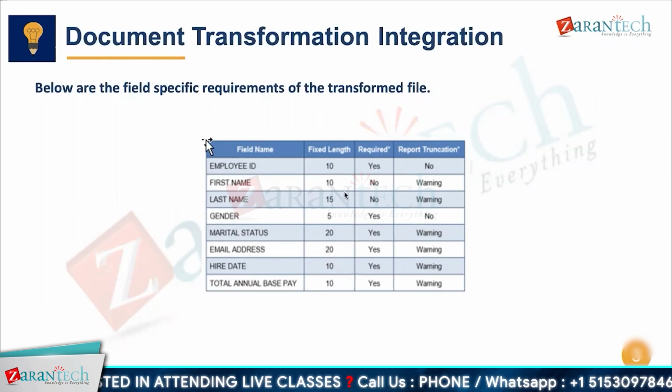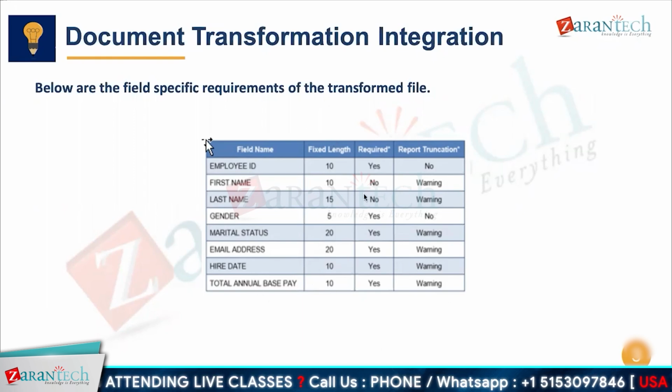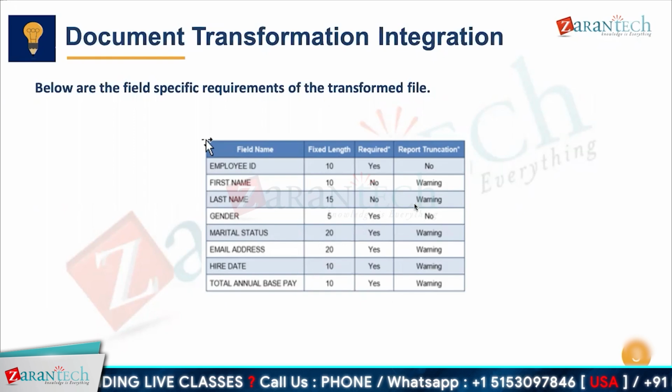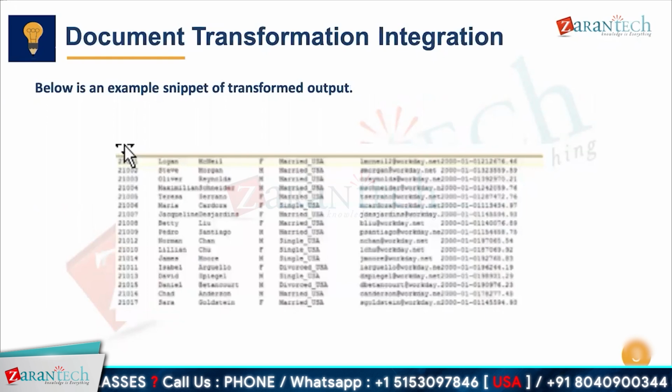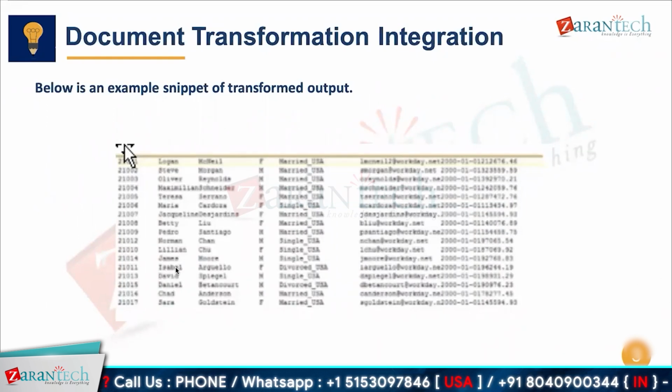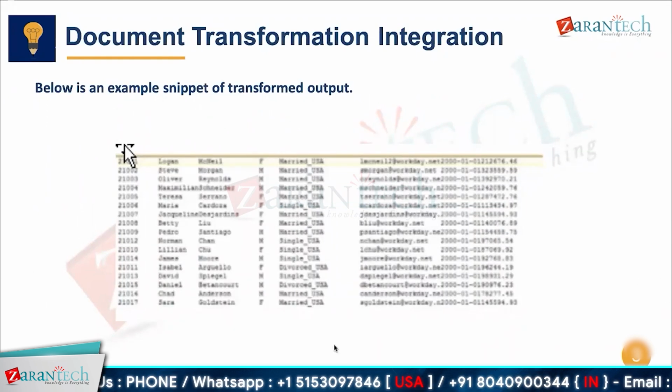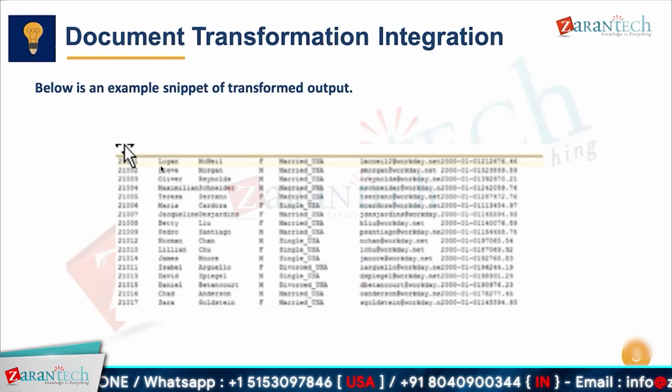So for each field name, we have defined the length and specified the requirement. Again, this is an example of the transformed output that we have.